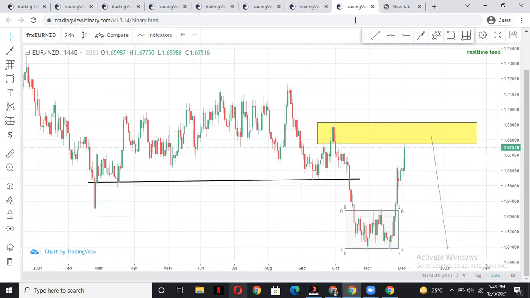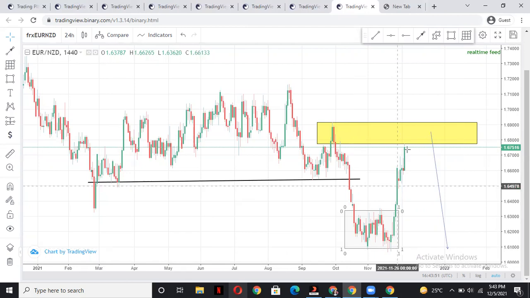Now, the last but not the least is Euro NZD. On the daily time frame, we have a break of structure. These are other blocks, and price has created this low. Then I believe this price has returned to mitigate from this point in order to shoot further down.